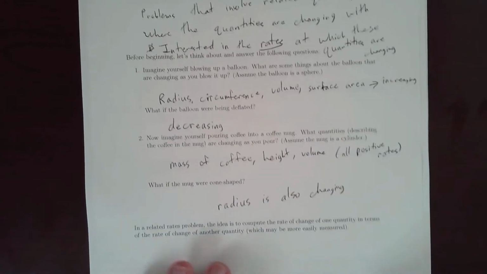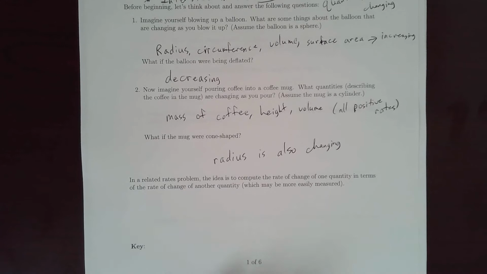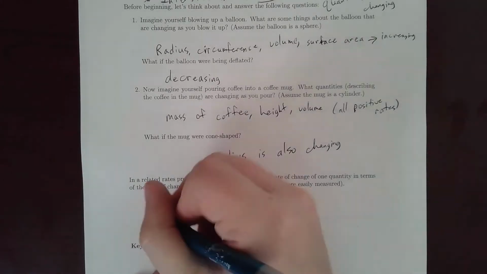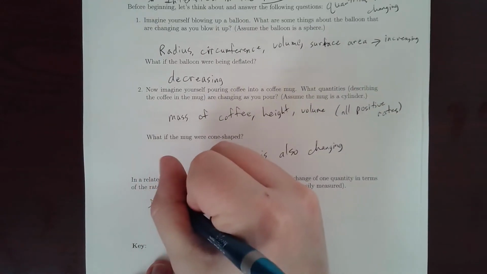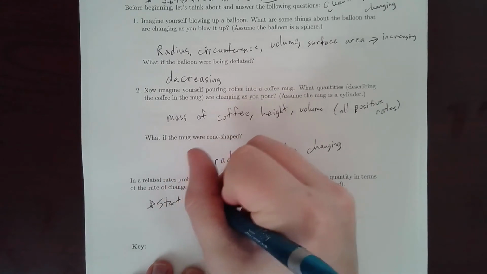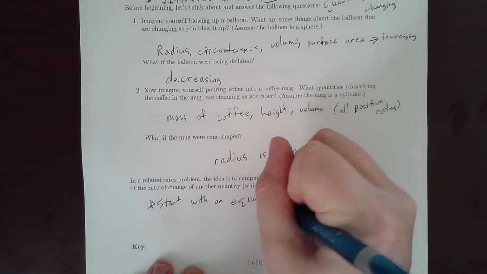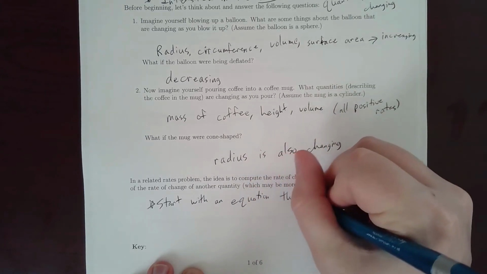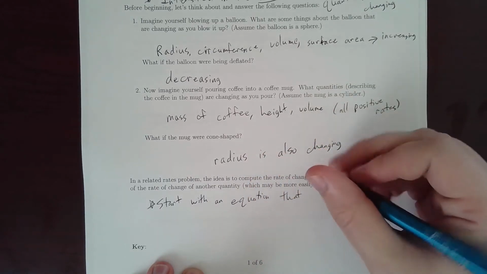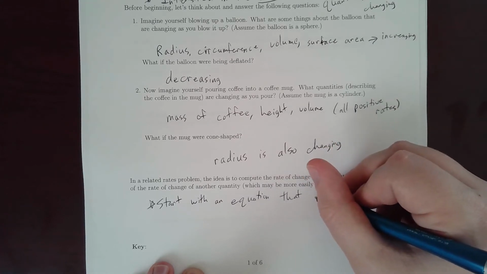So in these related rates problems, our idea is going to be to compute the rate of change of one quantity in terms of the rate of change of some other quantity. And typically that other quantity we're looking at is something that we can measure a little more easily. So we will start with an equation that relates the two quantities, or the quantities that are changing.